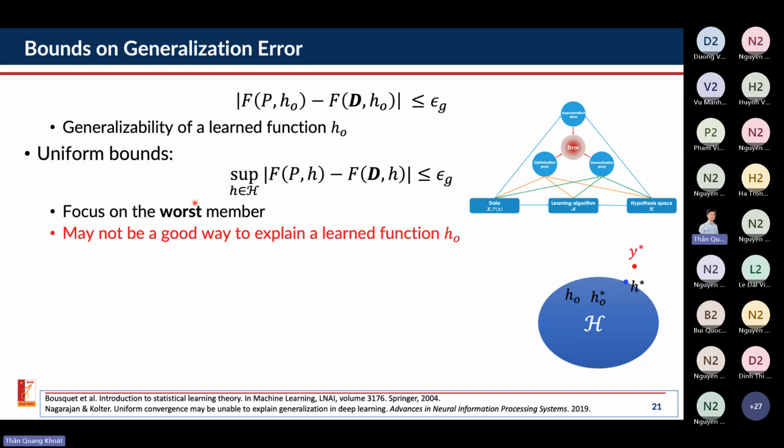But sometimes it can be useful, in the case you want to analyze the whole family, right? Each architecture, right? We use a linear model, or we use a neural network with 2 layers, for example. Once we choose that architecture, we want to analyze what is the worst member in that family. So this type of theory can be useful.